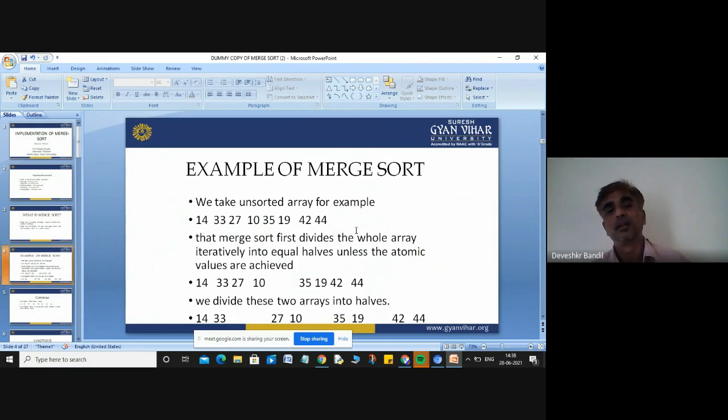Here, I am taking the example of merge sort because the main objective of this lecture is the implementation of merge sort. If you know the concept of merge sort, you can implement this algorithm in a simple manner.